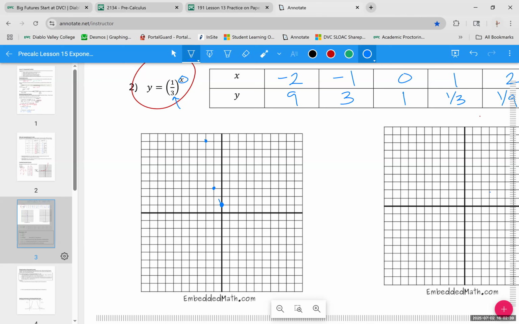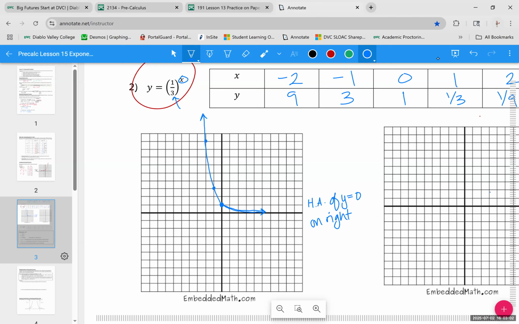So this time that exponential really quick growth is over here on the left side. And on the right side, I'm not even really getting that accurately. It's approaching, so I have that horizontal asymptote of y equals 0 on the right this time.